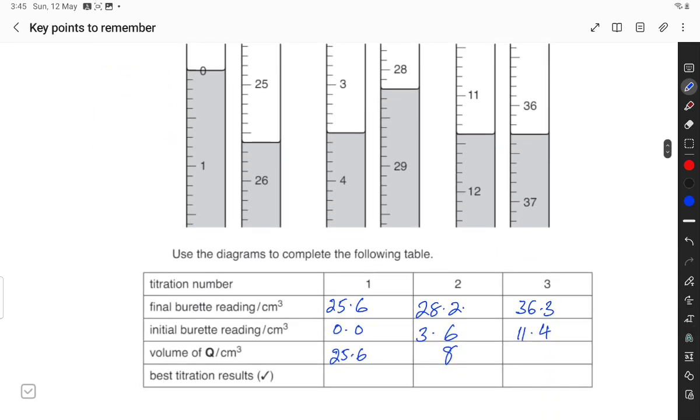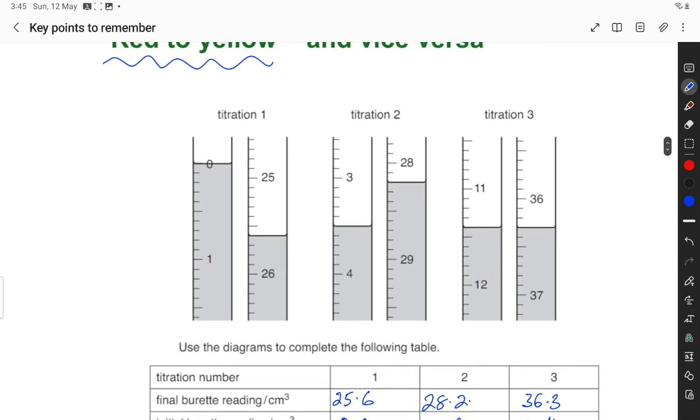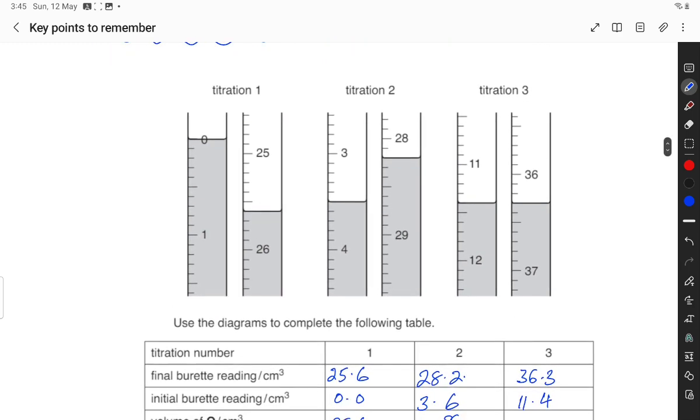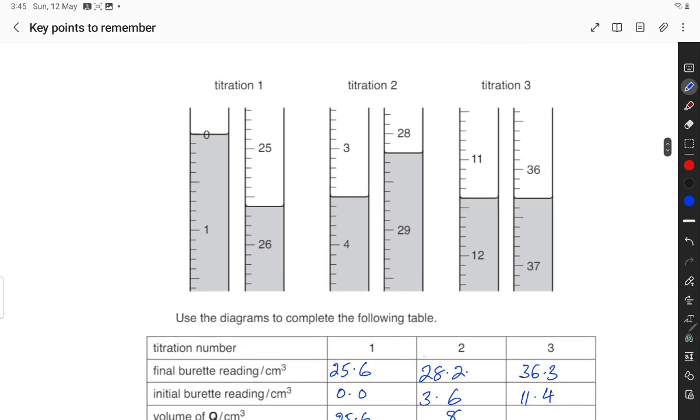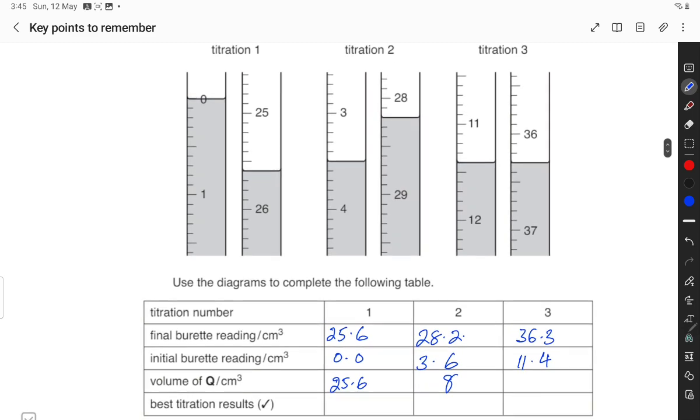Now this is the burette reading, and how to take burette readings if calibration results are given. This is experiment 1, experiment 2, and experiment 3. In one experiment the final burette reading is 25.6 and the initial reading is 0.0. In another, 38.2 is the final reading and 3.6 is the initial.